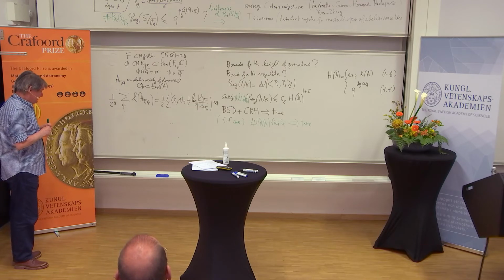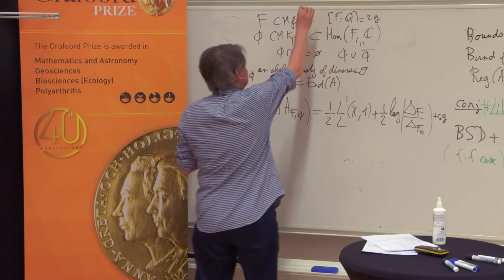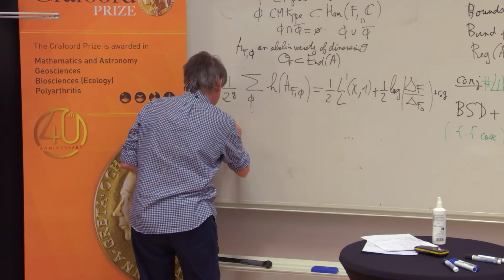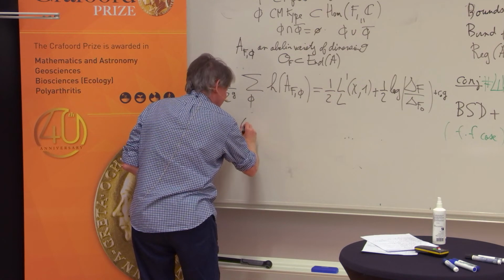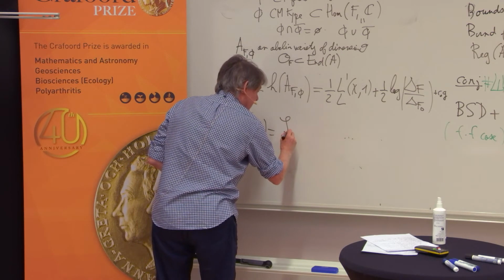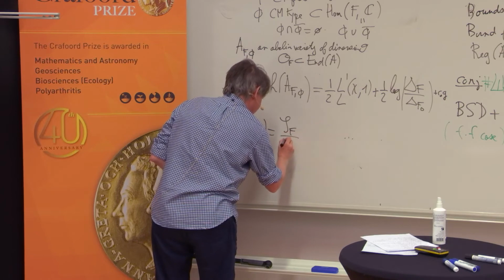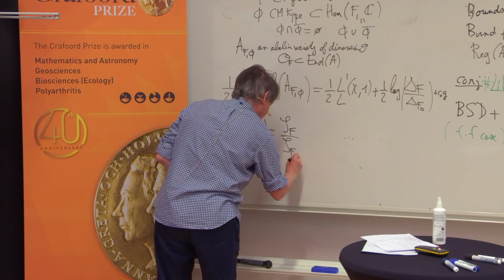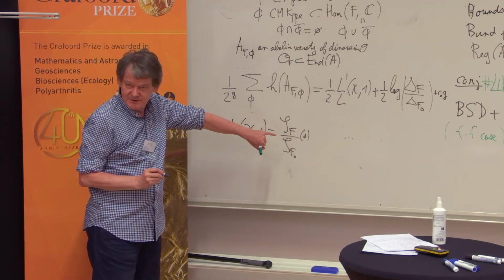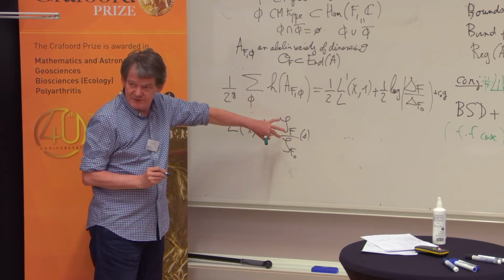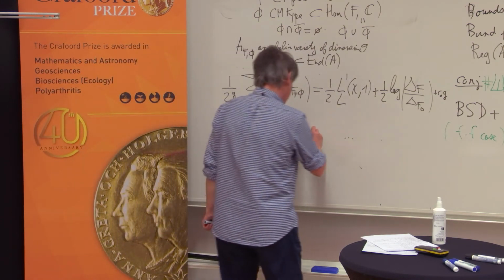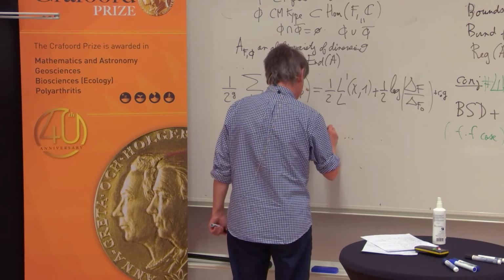So what is this L function? I will give two formulas for it. This L(chi, s) is the Dedekind zeta function of F over the Dedekind zeta function of F_0. So of course the poles at 1 cancel. It's a function that's holomorphic at s equals 1. What is the character?